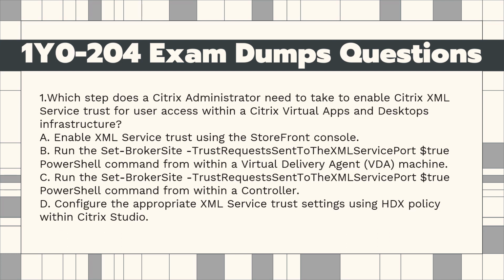B. Run the Set-BrokerSite -TrustRequestsSentToTheXmlServicePort $true PowerShell command from within a virtual delivery agent (VDA) machine. C. Run the Set-BrokerSite -TrustRequestsSentToTheXmlServicePort $true PowerShell command from within a controller. D. Configure the appropriate XML service trust settings using HDX policy within Citrix Studio.